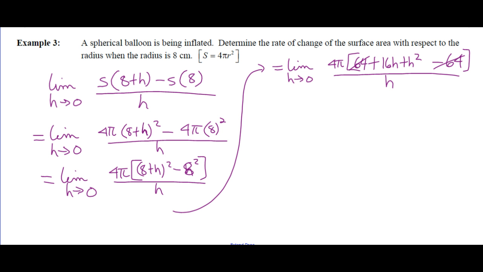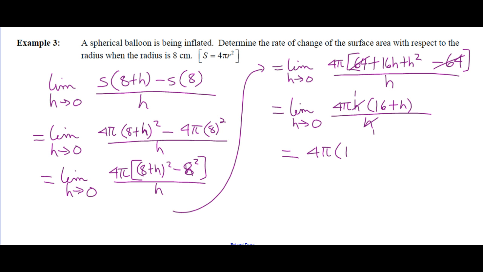Got the h, we can now take the h out as a common factor. So we get 4 pi h and 16 plus h over h. And these guys cancel, giving us the limit as h approaches 0 of 4 pi times 16 plus h, which will equal 4 pi times 16 plus 0 for 64 pi.